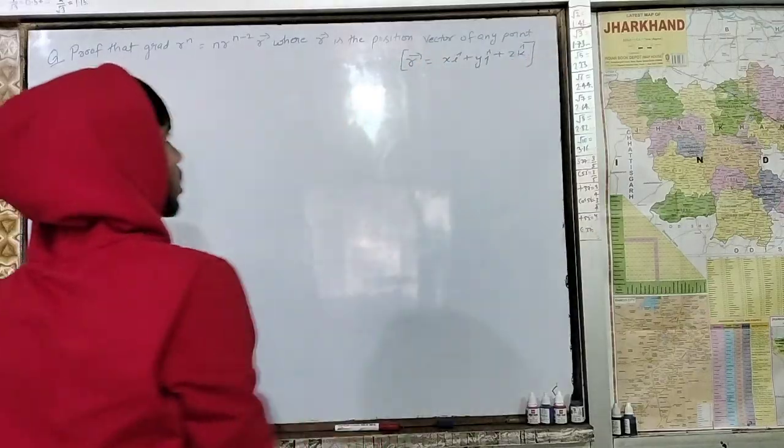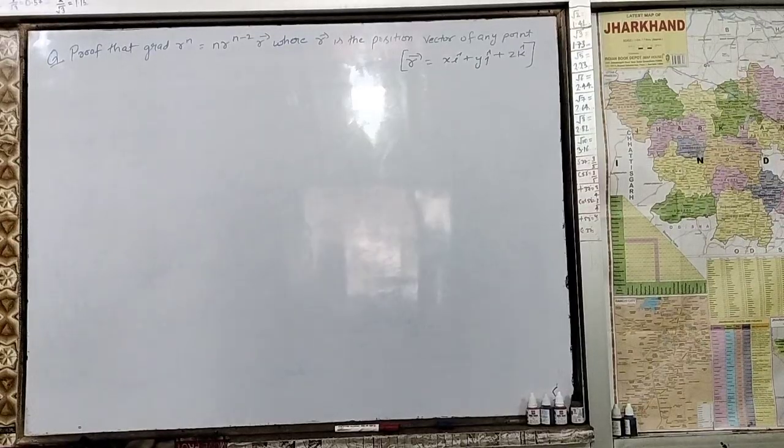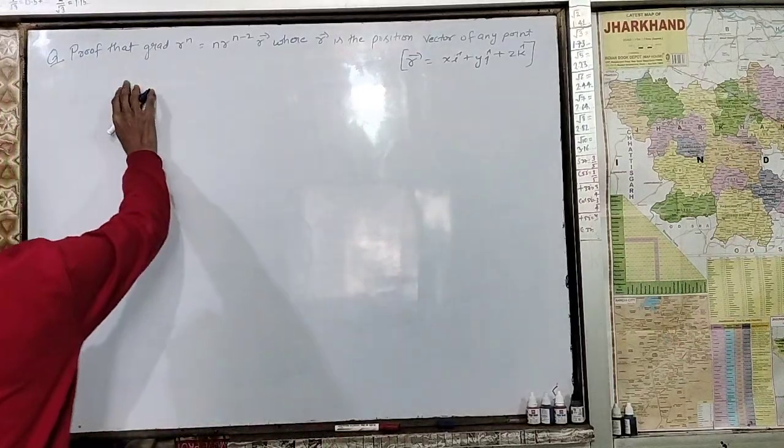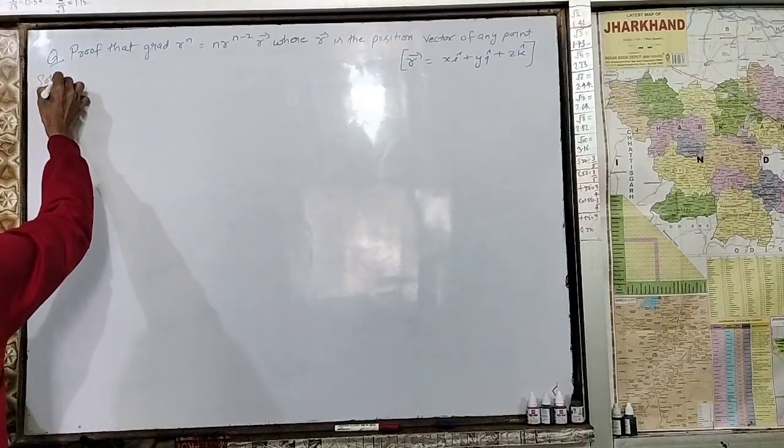This is the components of a position vector. So write this over here. Let's prove.